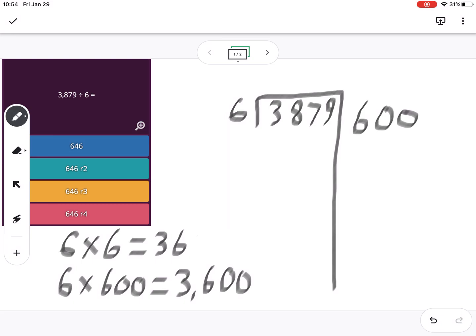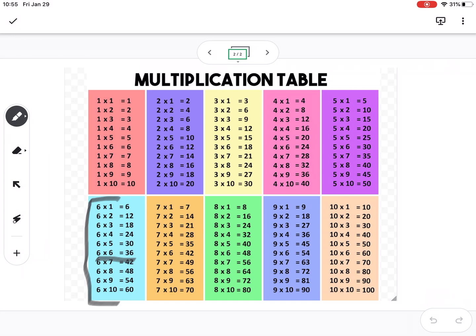And I'm going to subtract 3,600 from my dividend. After I subtract, I wind up with 279. Well, let's see. If I'm trying to figure out how close I can get to 279, I'm going to look at how close I can get to 27 with my 6 times table here. Well, I see that 6 times 4 is 24, and that's as close as I can get to 27.